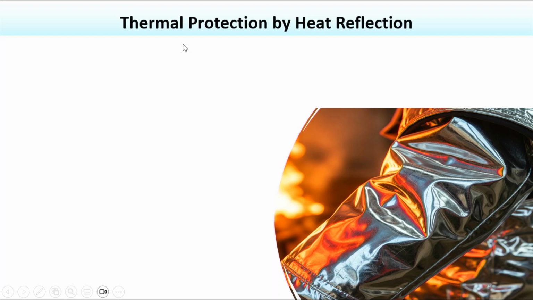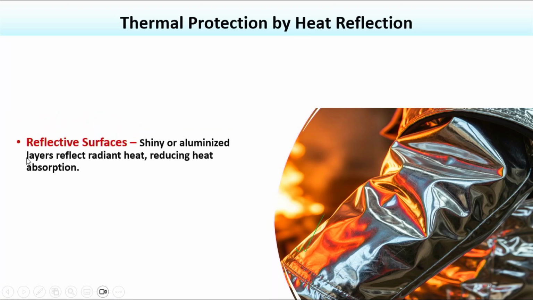Now, by reflection, heat reflection. You can see this type of reflective clothing is very commonly used for places where high radiant heat conditions are there. The reflective surface, a shiny or aluminized layer, reflects radiant heat, reducing the heat absorption. So, heat gets reflected out.